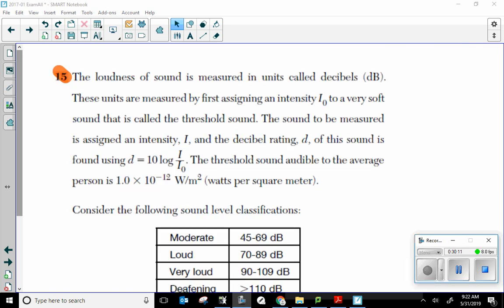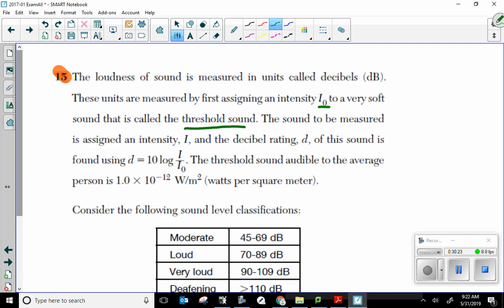15. The loudness of a sound is measured in units called decibels. These units are measured by first assigning an intensity, I sub O, to a very soft sound that is called the threshold sound.